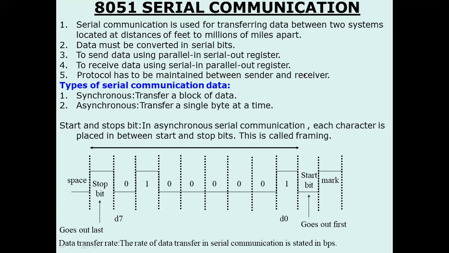So there are some protocols, which are mentioned in point number 5. A protocol has to be maintained between sender and receiver.